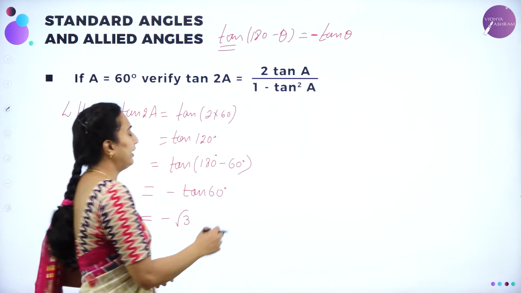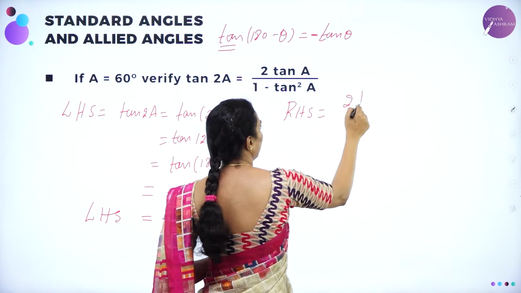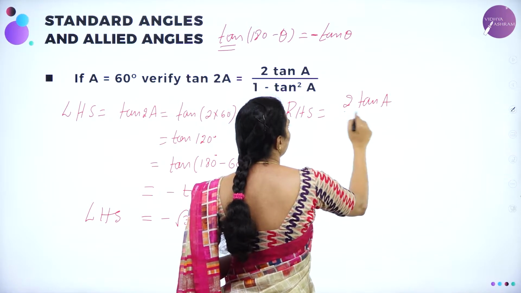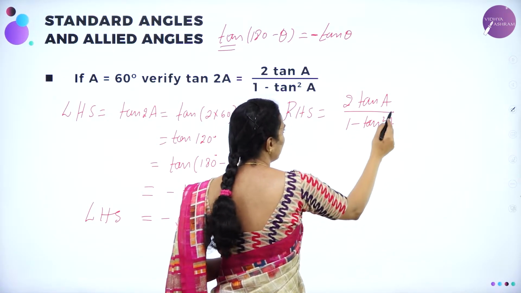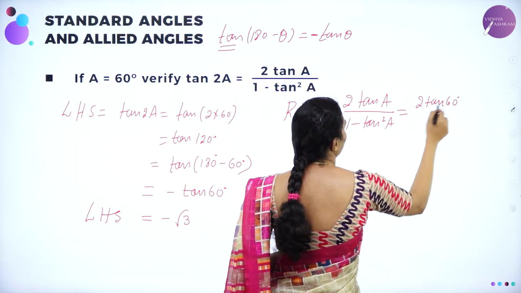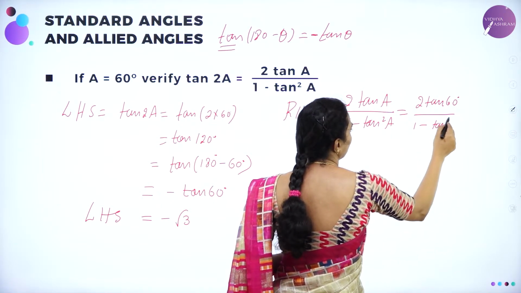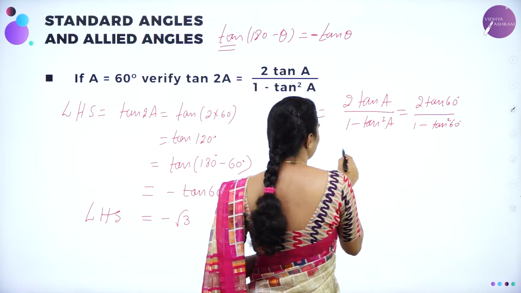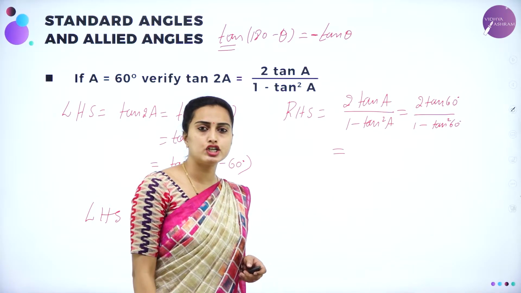Let me check with the right hand side. What is the right hand side they have given? 2 tan A divided by 1 minus tan squared A, right? Now substitute here, 2 tan 60 degree divided by 1 minus tan squared 60 degree. You know already tan 60 degree is root 3.